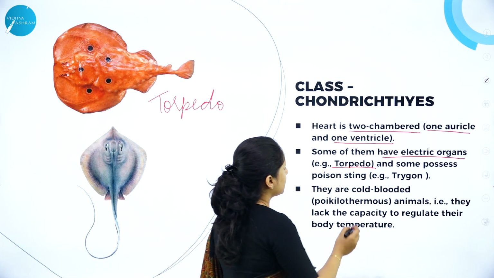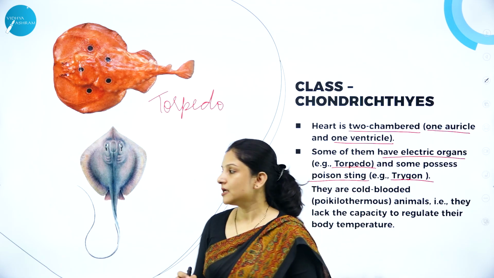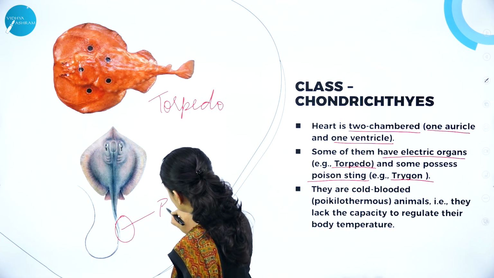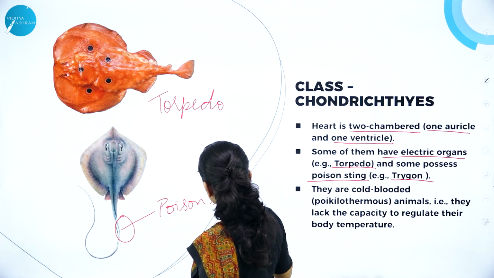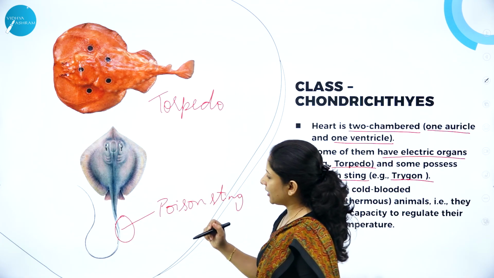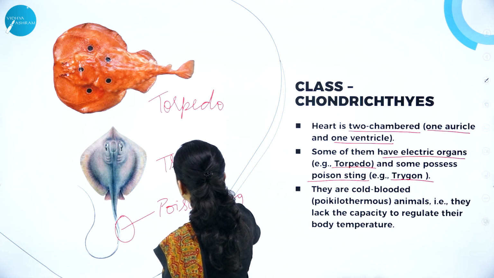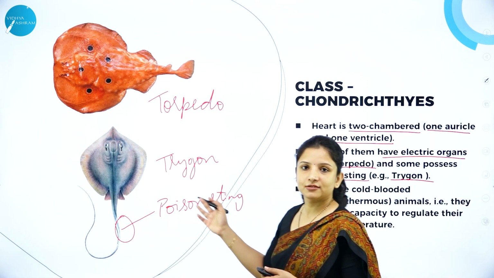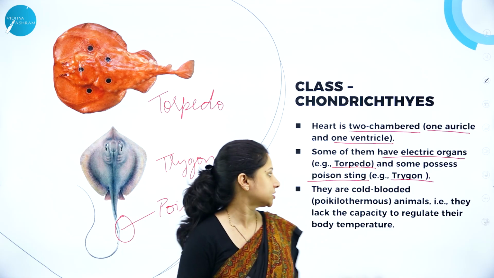And some of them, for example the trigon, they have poison sting. So if you see trigon here at the tip, this portion, this is the poison sting that they have. So this is a ray fish. So they have poison sting, and this is called as trigon. These two, that is the torpedo and trigon, they have defensive structures in them.